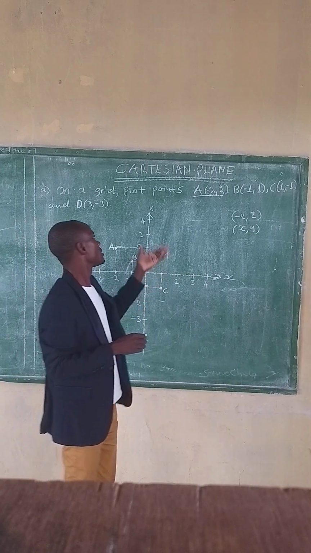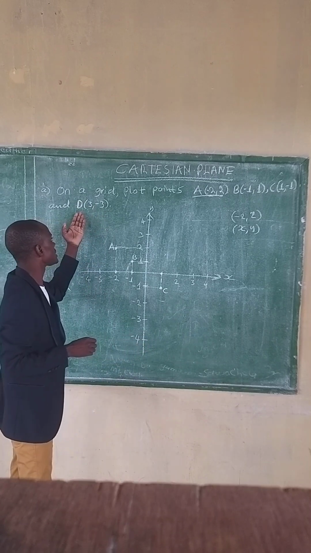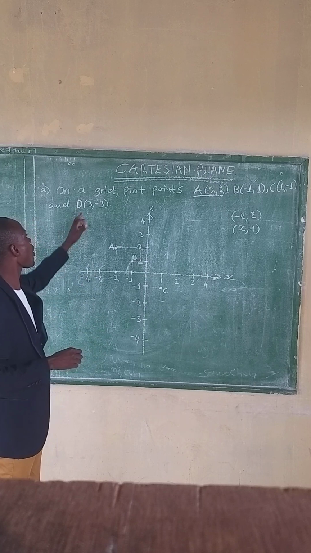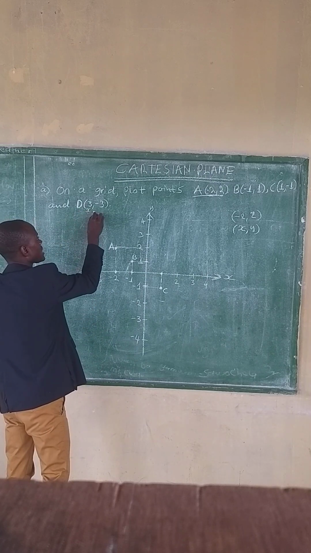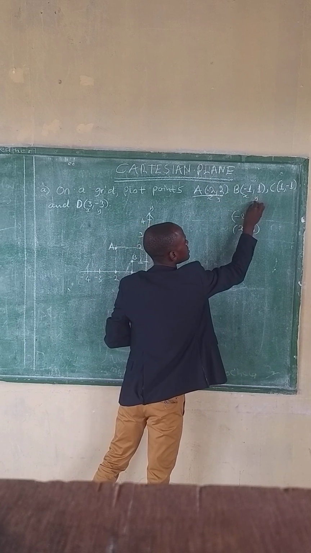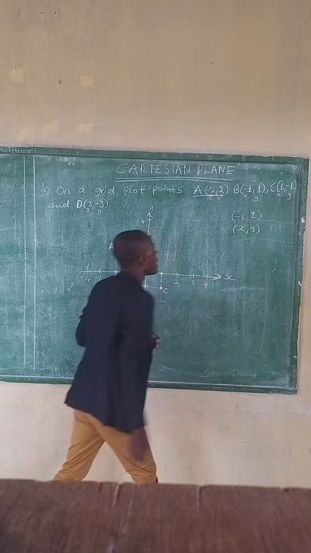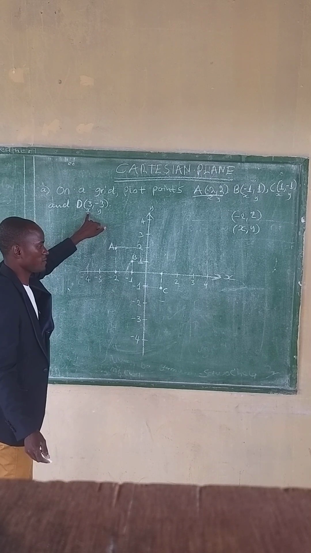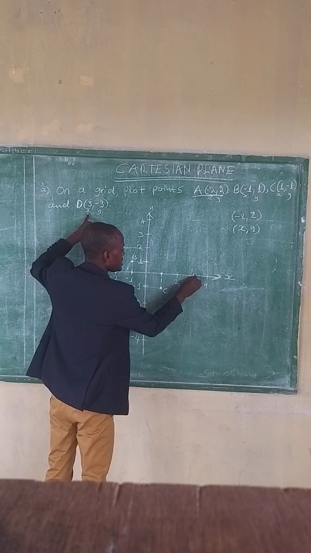Then next we have the last point, which is D (+3, -3). You go on the x-axis, because this is x and this is y. So now you go where x is. Where is +3 on x? +3 is here.